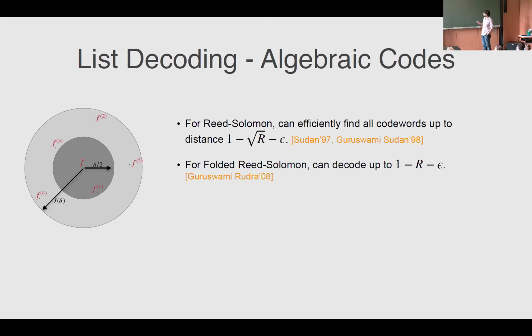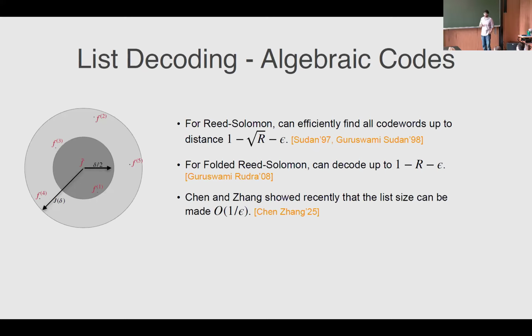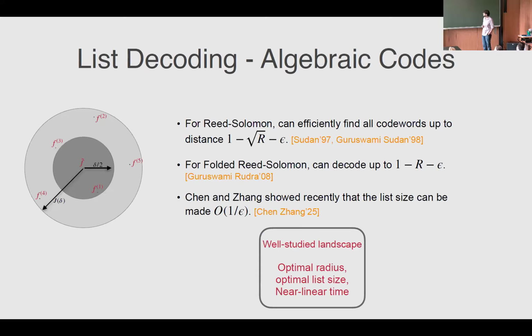And then Guruswami and Rudra, building on works of Parvaresh and Vardy, showed that folded Reed-Solomon codes can achieve the optimal threshold that we can hope for, which is 1 minus R. And recently, we had the result by Chen and Zhang that showed that this list size can be made order 1 over epsilon, which is close to the optimal.